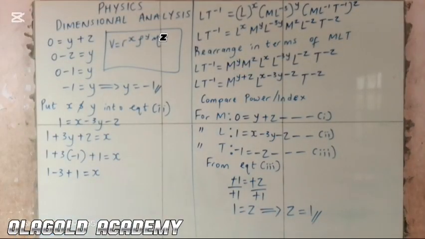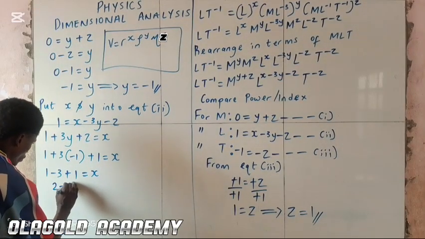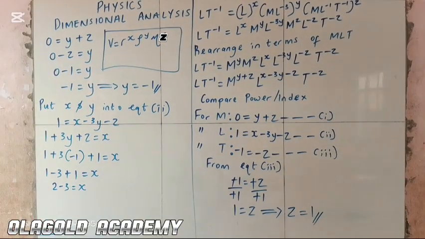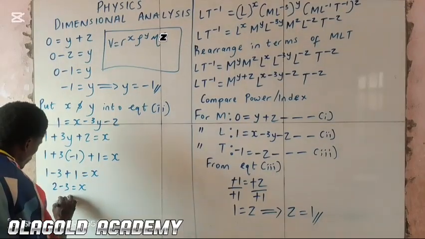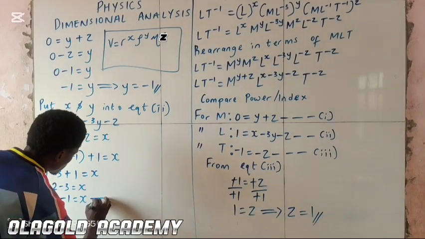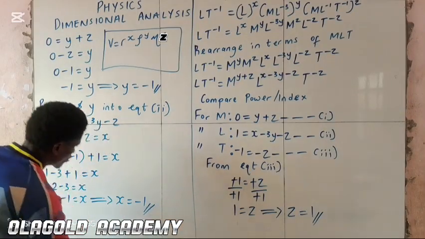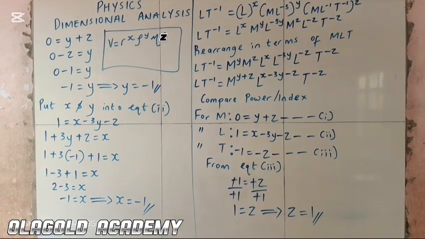Alright, our next task is to calculate this. 1 plus 1, we have 2 minus 3 equal to x. 2 minus 3, we have minus 1 equal to x. So this implies that our x equal to minus 1. So we have this here.